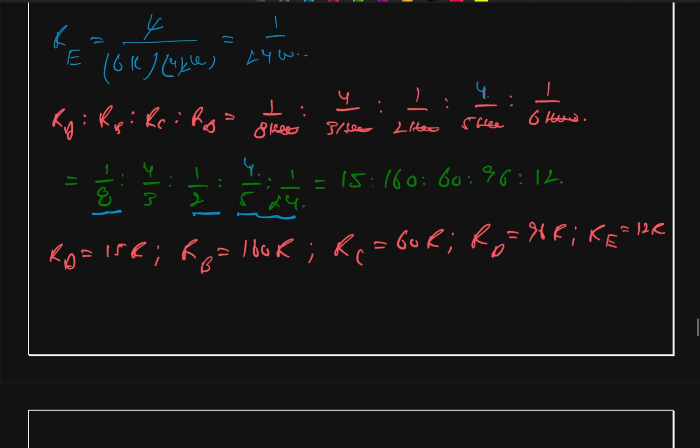This is our 24 into 5 into 2 into 3 into 8, $720, and 24 into 12.